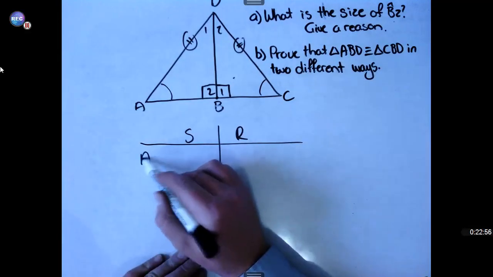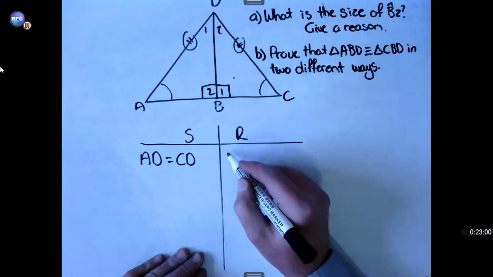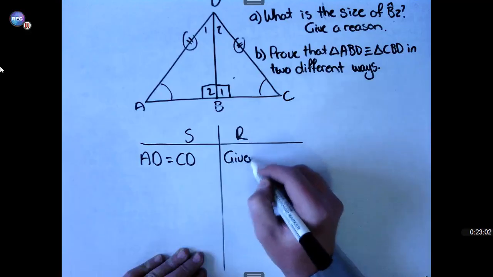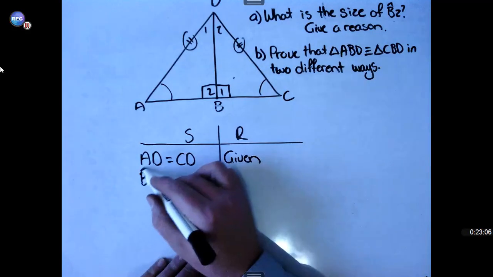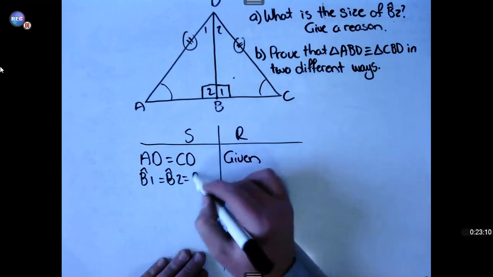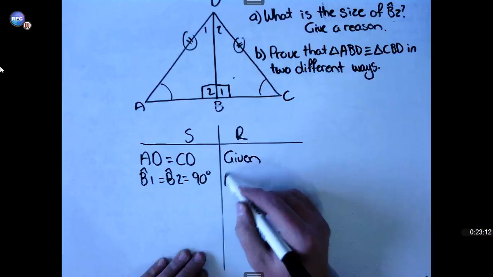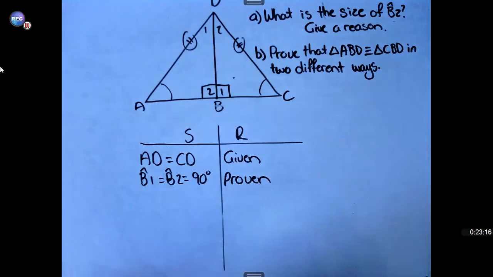So we're going to start with the side. Side AD is equal to side CD, and that is given to you, okay? Then you're going to tell me that angle B1 is equal to angle B2, which is equal to 90 degrees. And that was proven in question 1. You proved that in question 1 already with the adjacent supplementary angles.